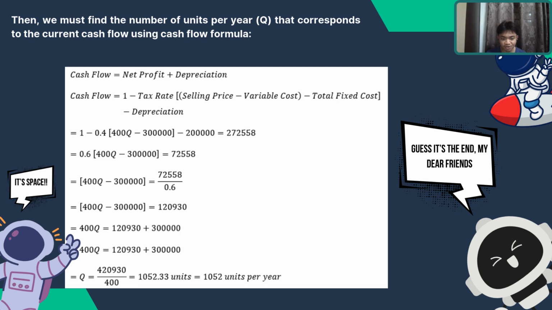And then we modify the calculation again, which we will get Q equals 420,930 divided by 400, which we will get 1,052.33 units, which equals 1,052 units per year, which is the number of units per year that corresponds to the current cash flow.